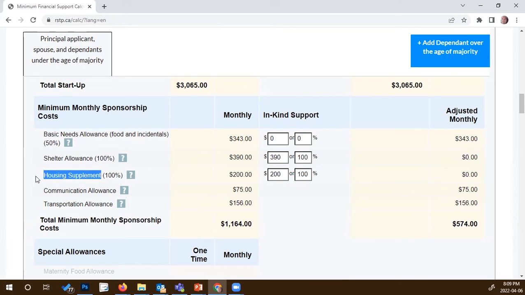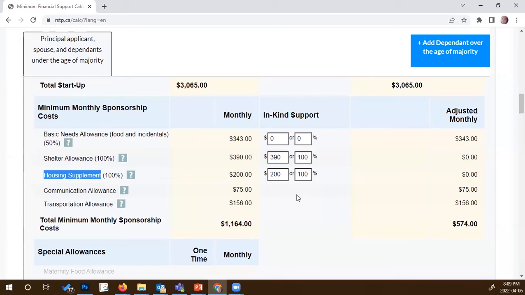This housing supplement needs to be included whenever the cost of rent is higher than the monthly minimum that you're required to provide. And in most cases, this is always going to be included. But it does not apply if the cost of shelter is less than the shelter allowance.